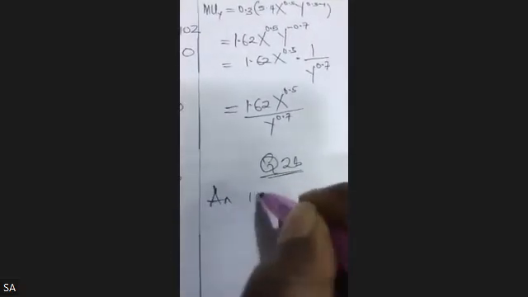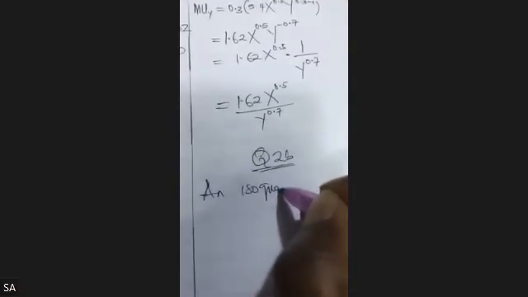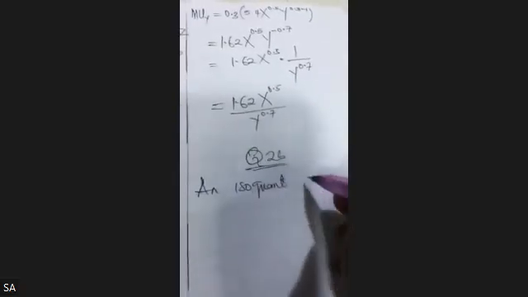So if they ask you to describe isoquant, I can say that an isoquant is the locus. Let's take a very, very sharp way of describing it.